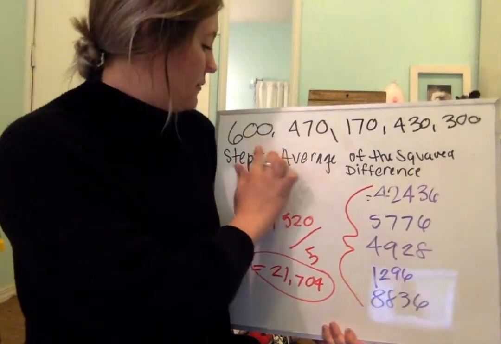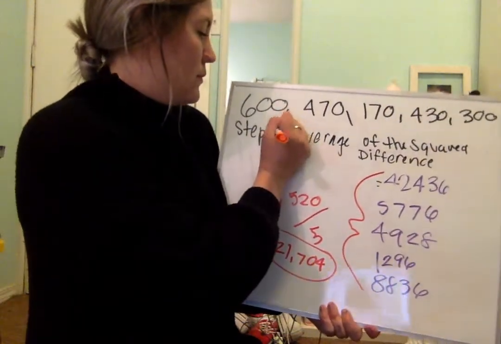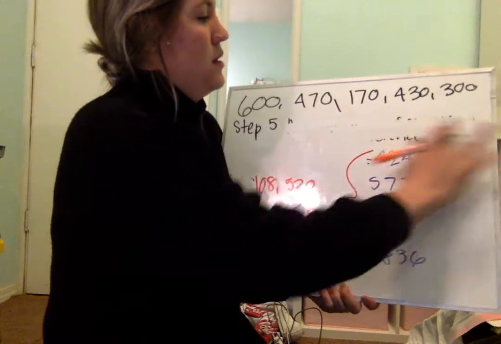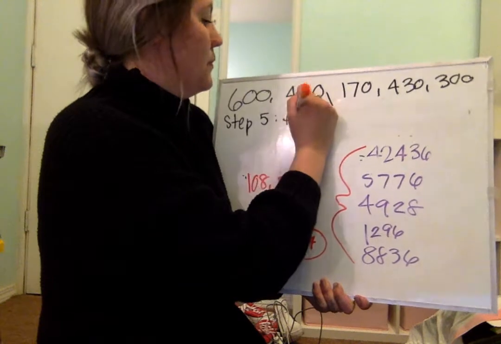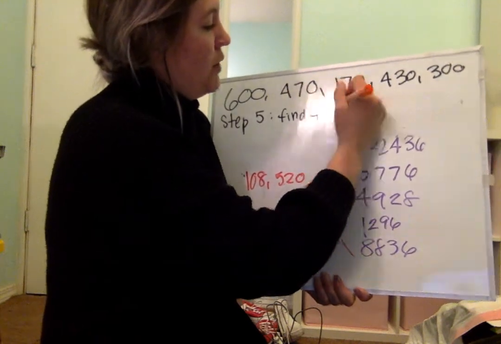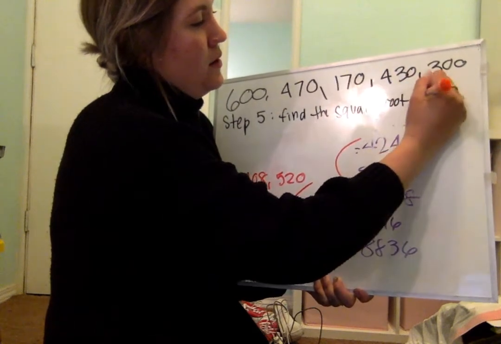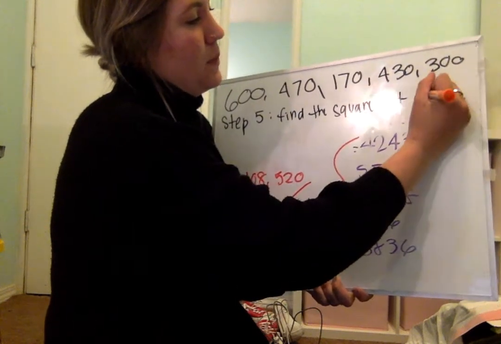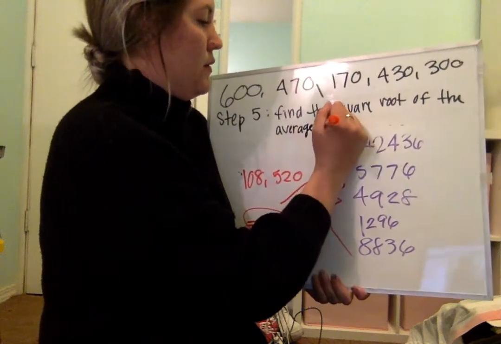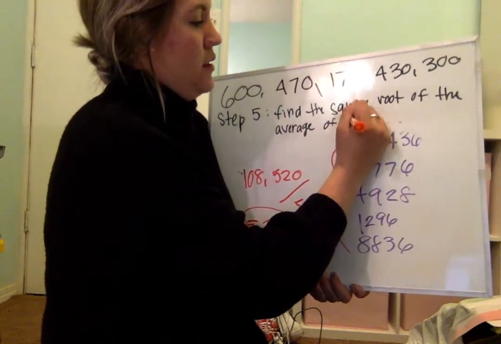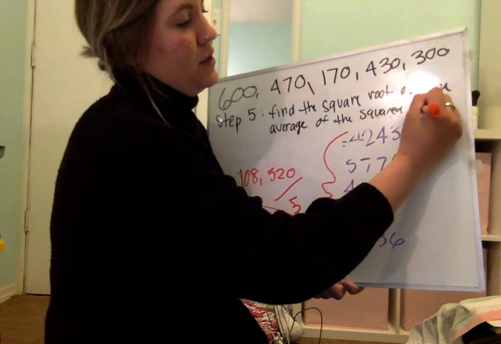For step 5, we're going to find the square root of the average of the squared differences.